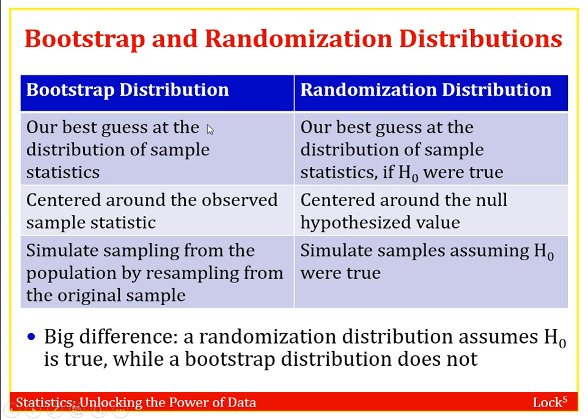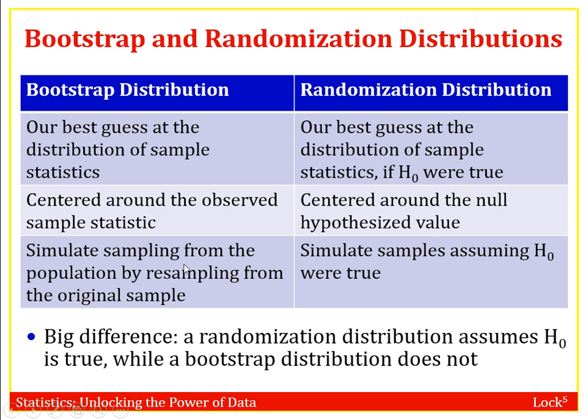Bootstrap is our best guess at the distribution of the sample statistic. And that's the same thing for our randomization distribution, but we're assuming that the null hypothesis is true, which means it's centered around your hypothesis value, whereas with bootstrap, it's centered around your sample statistic.